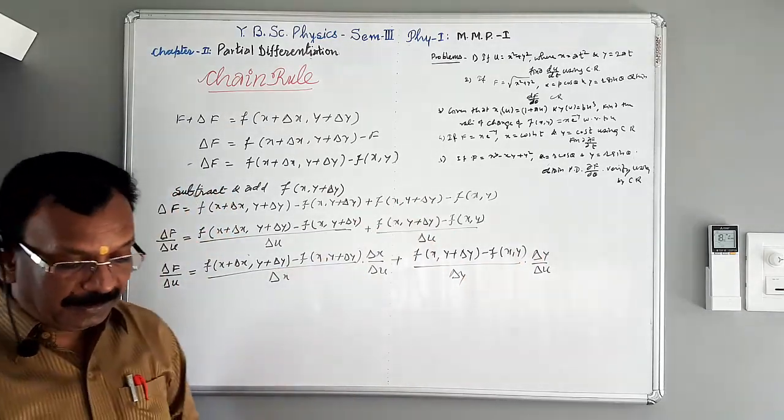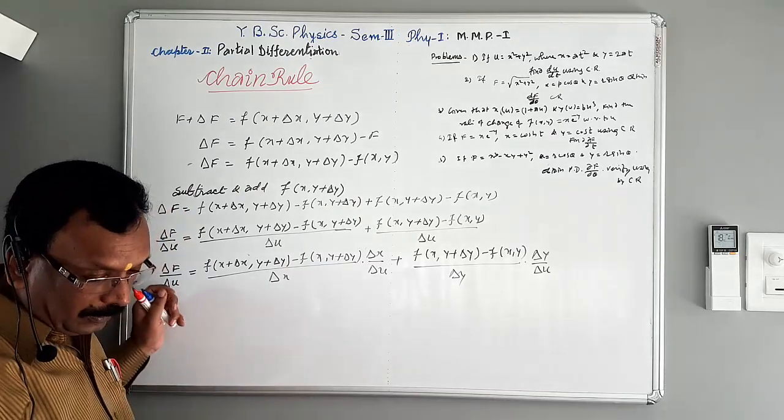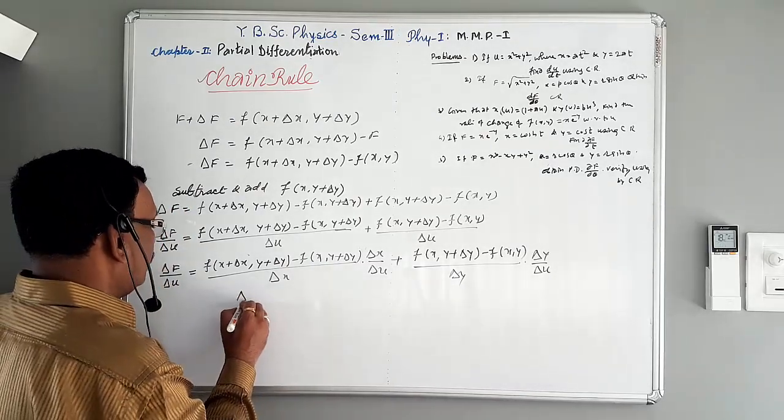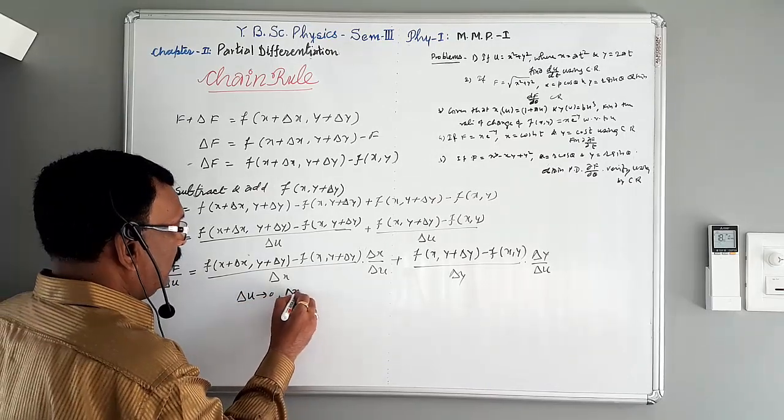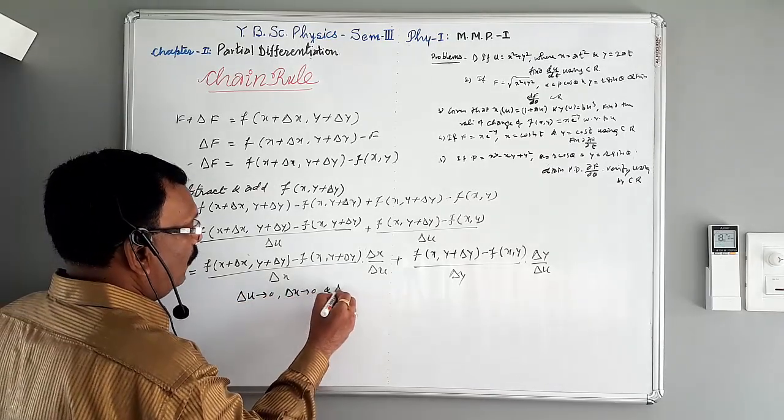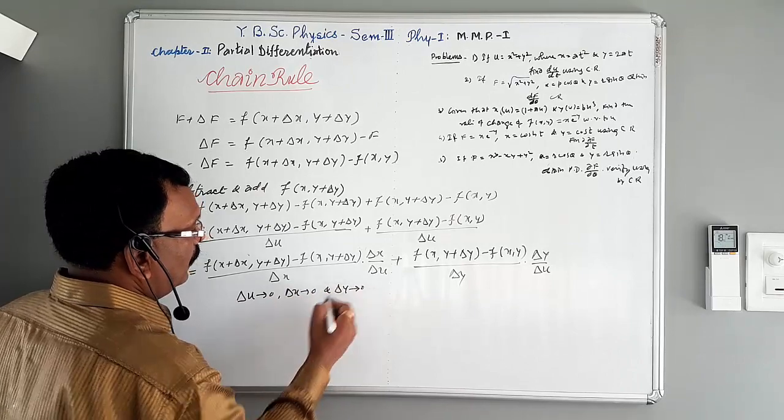Now taking the limit as delta u tends to 0, delta x tends to 0 and delta y tends to 0.